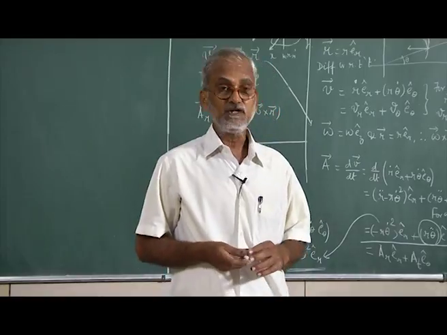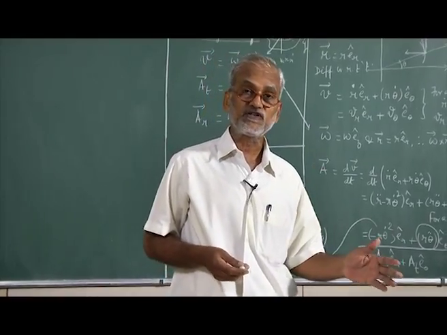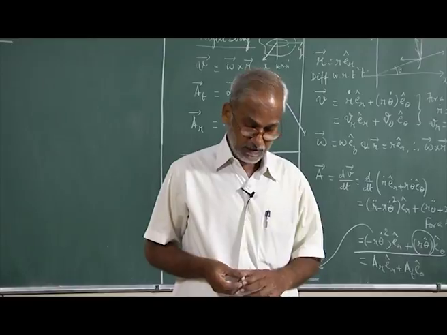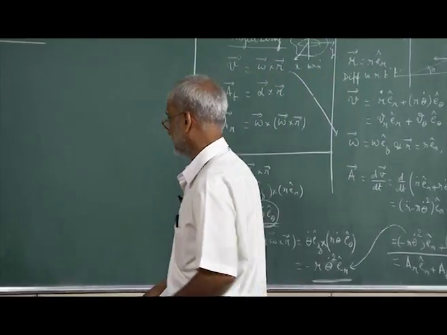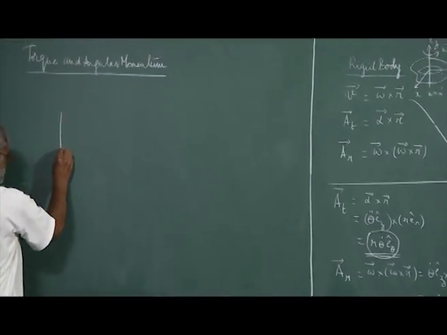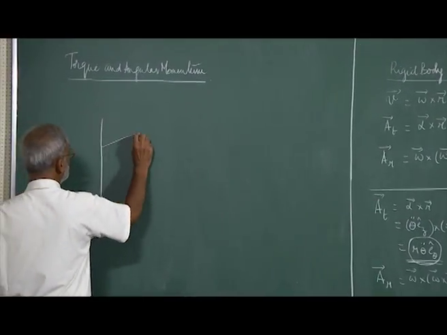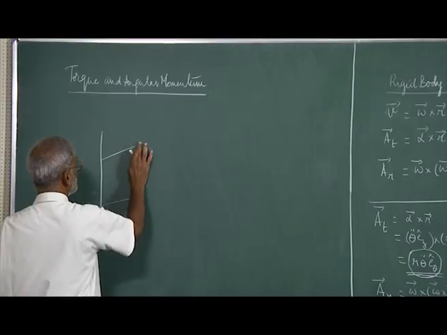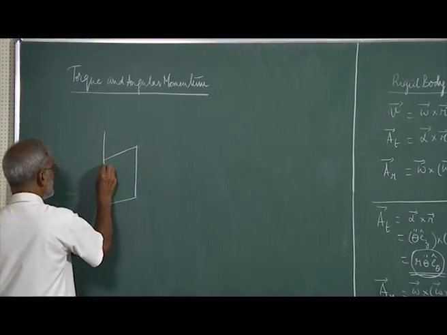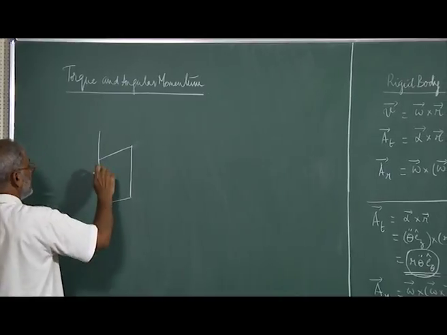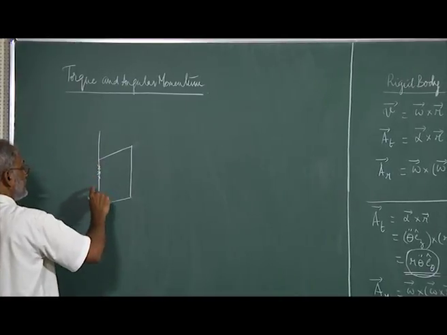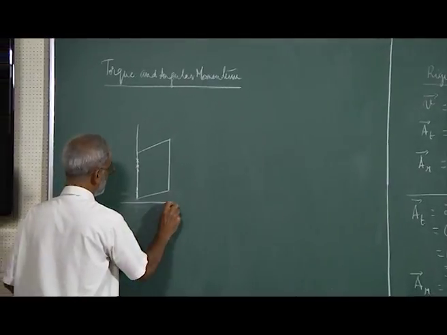Now, it also produces an acceleration on the body. Now we consider the following situation. Suppose I have a door like this, these are all hinges, there is one here, there is one here, and okay.